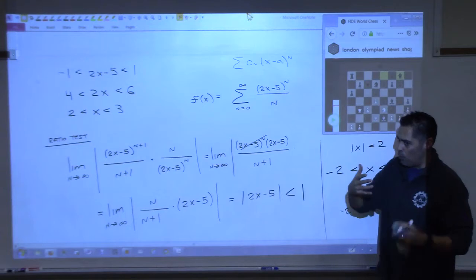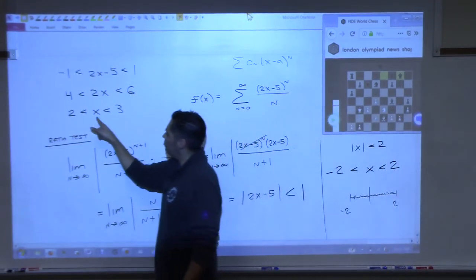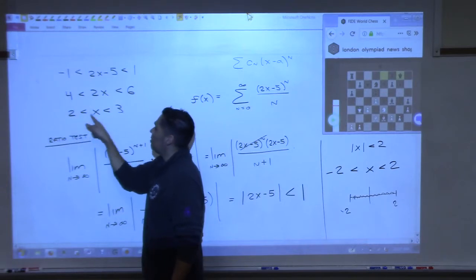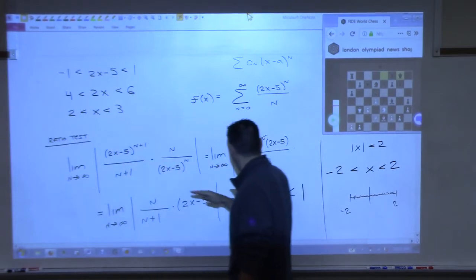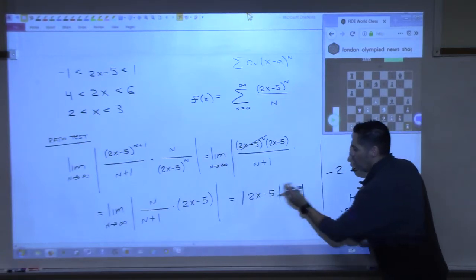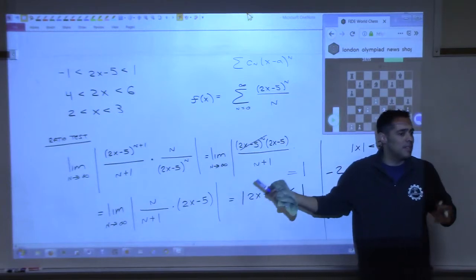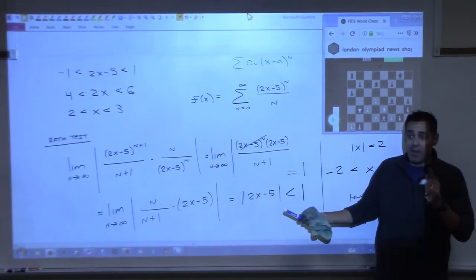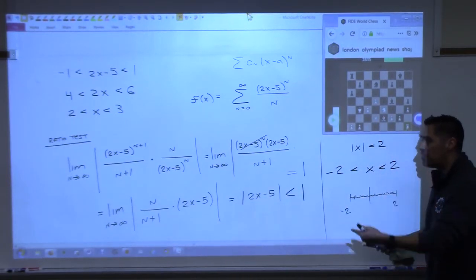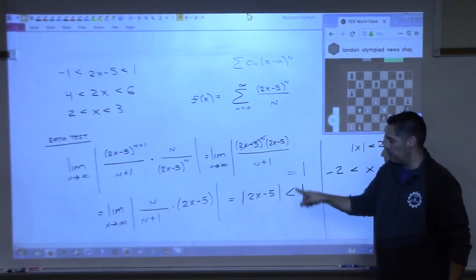What we have determined is that this is a well-defined function so long as the x value you plug in is between 2 and 3, because that will make this inequality true. But I still don't know what if this inequality was equal to 1, because the test wouldn't be able to tell me anything. So what I need to do is now consider what would make this equal to 1.